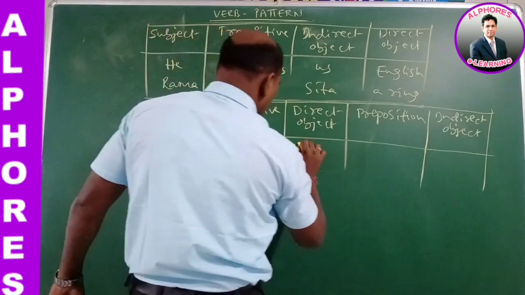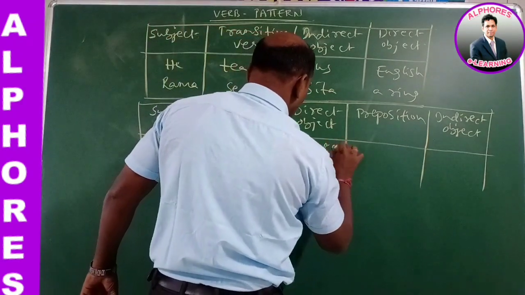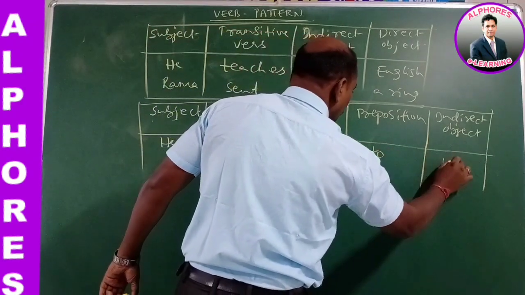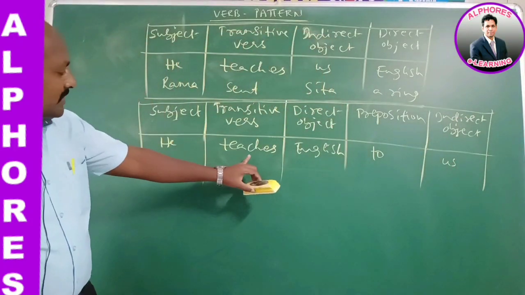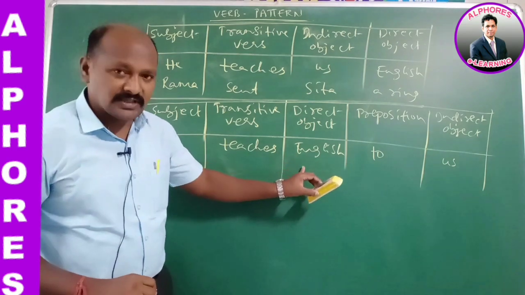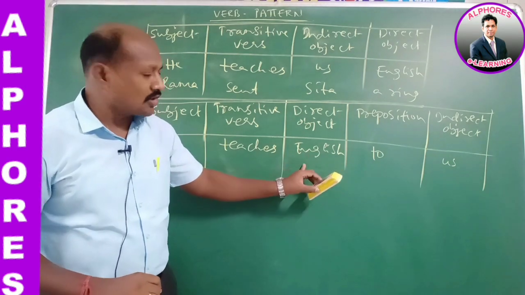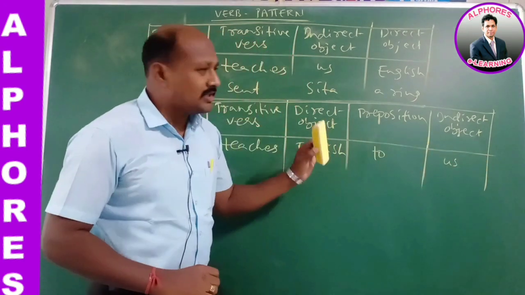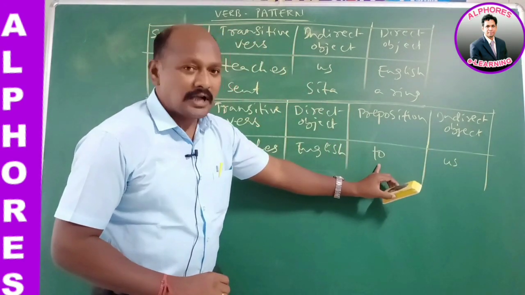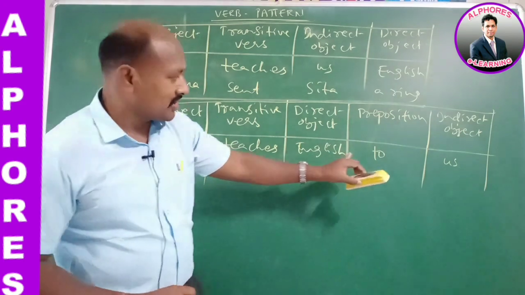He teaches English to us. So he is the subject, teaches is the verb, and English, other than a person, is the direct object. When the direct object comes first, to link the direct and indirect object, there is a place for a preposition.